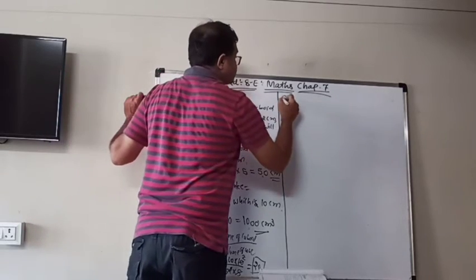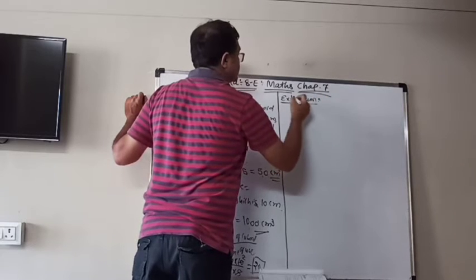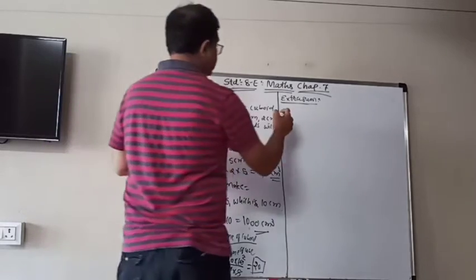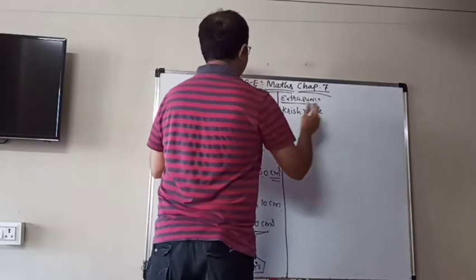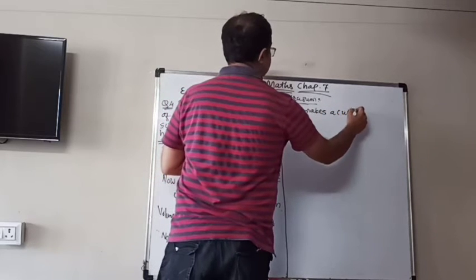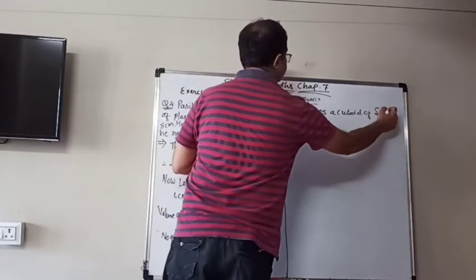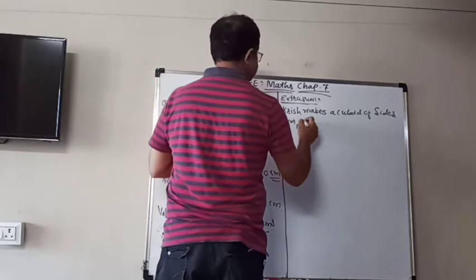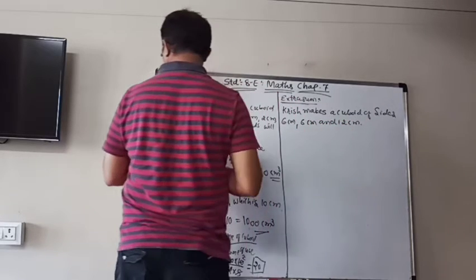Now one extra sum we will do. And that sum is same like that. Krish makes a cuboid of sides 6 centimeter, 6 centimeter and 12 centimeter.